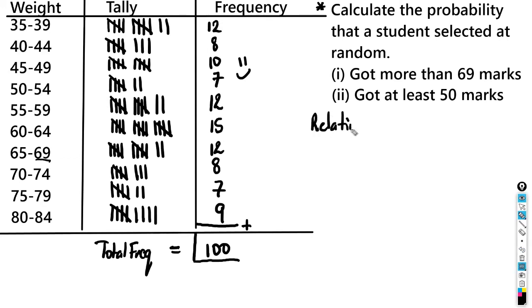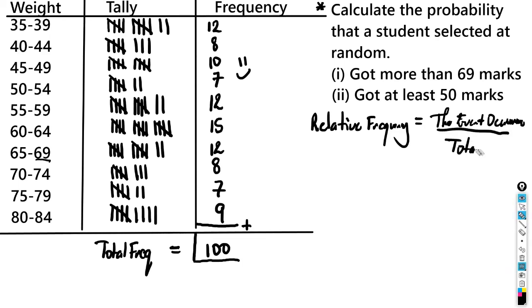So it's relative frequency. So the relative frequency is equal to the event occurrence over the total frequency, right?